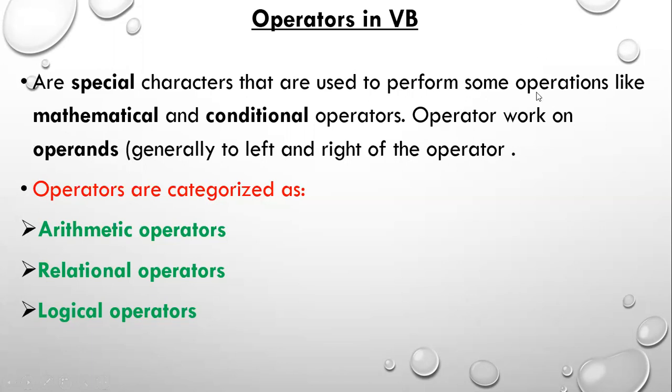They work on operands, generally from left to right of the operator. Now there are three major categories of operators. They either can be arithmetic operators, relational operators, or logical operators.